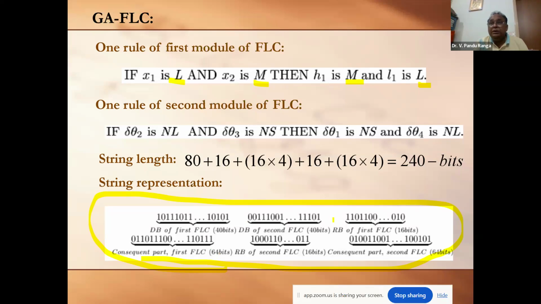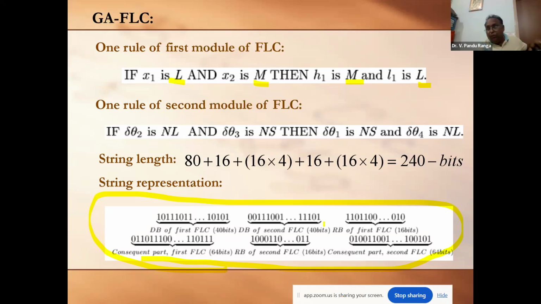Here we are using genetic algorithm to evolve the fuzzy logic controller automatically, and it is also called auto FLC. It is the automatic evolution of the fuzzy logic controller with the help of genetic algorithm. Why are we calling it automatic evolution? Earlier I said the designer of the fuzzy logic controller should have knowledge of the domain, otherwise it is very difficult to establish the database and the rule base.